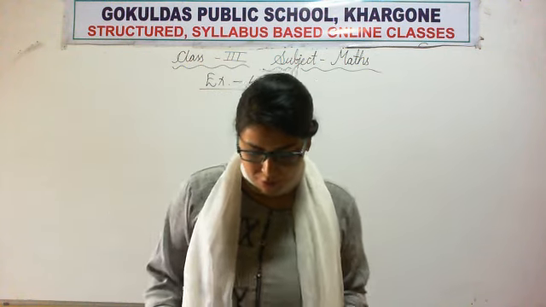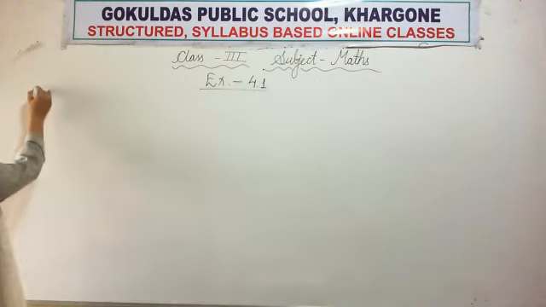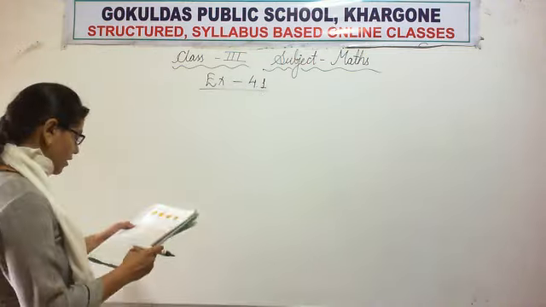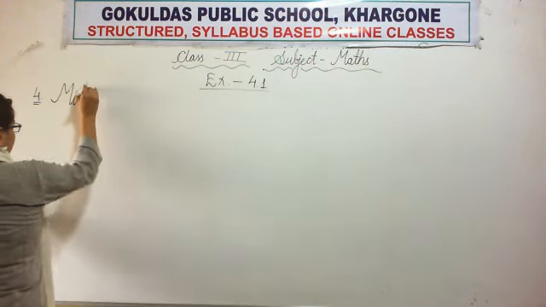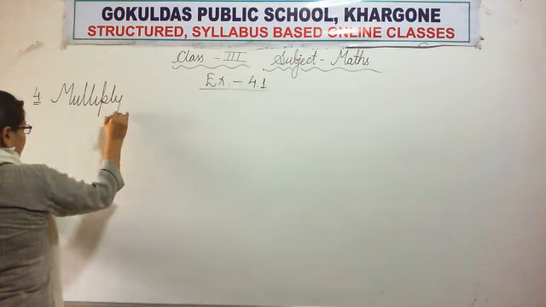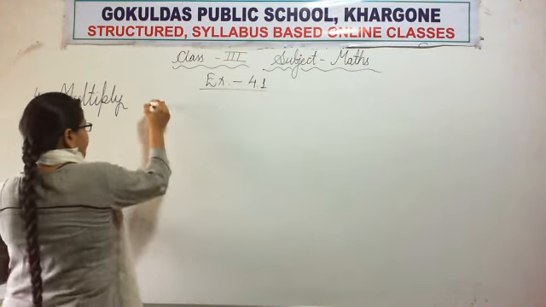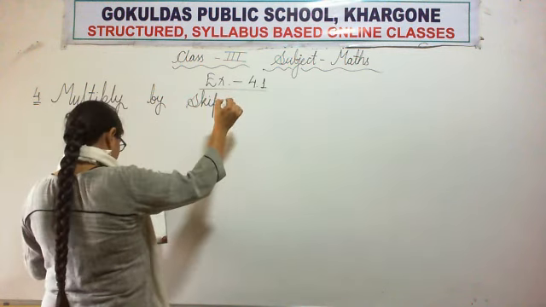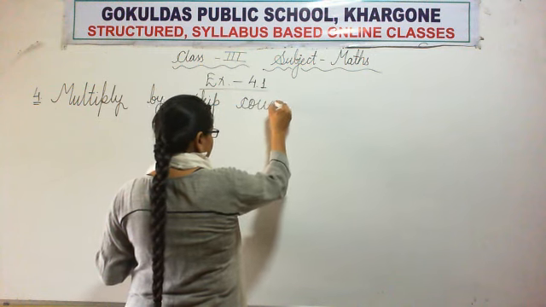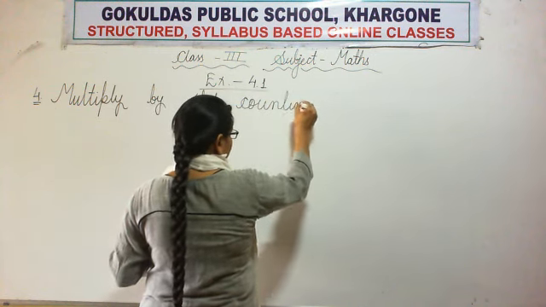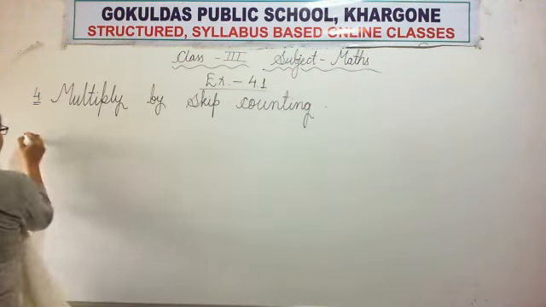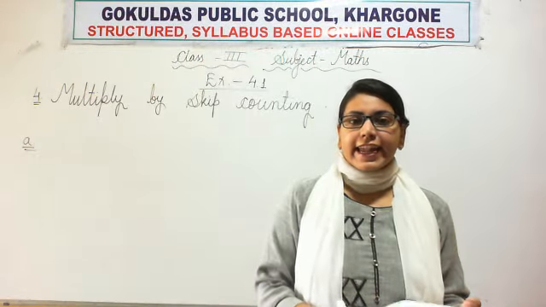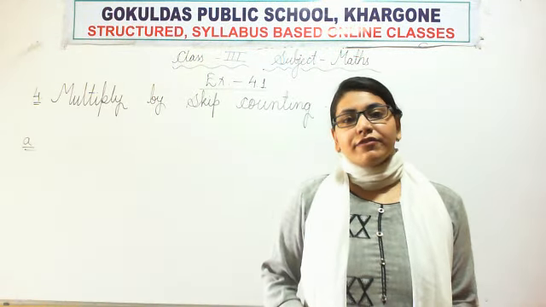Okay, so question number 4, multiply by skip counting. Part A. These kinds of questions you had done in your previous class, class 2nd, but if you forgot, don't worry, we will revise.